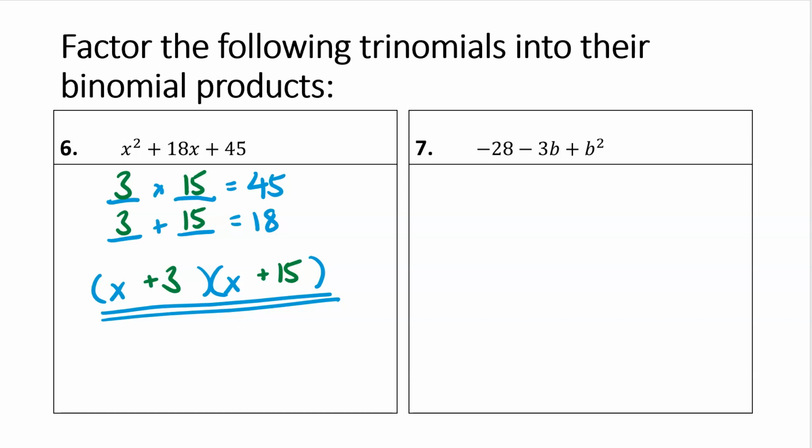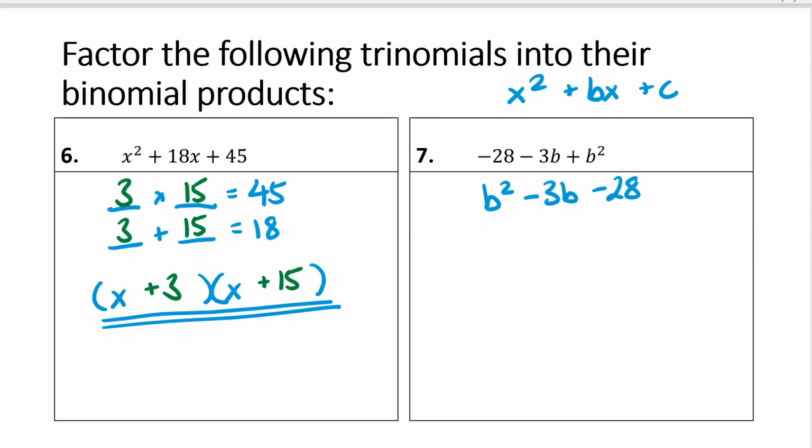Okay, for the next one, it's written a little differently, and what I would do to start is write it in the form that we're used to. It's x squared, and then a number times x, and then a number by itself. So I would rewrite this as b squared minus 3b minus 28.